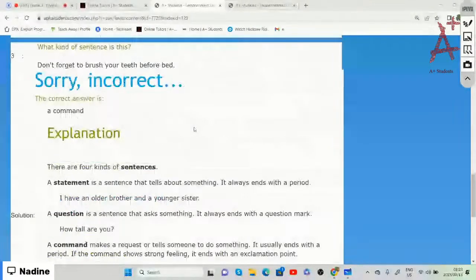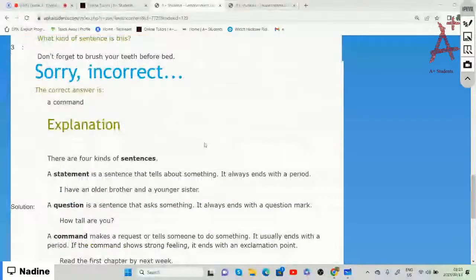Don't forget to brush your teeth before bed. And it ends with a period. Is this a statement or a command? I'm specifically asking if it's a statement or command because both end with a period.